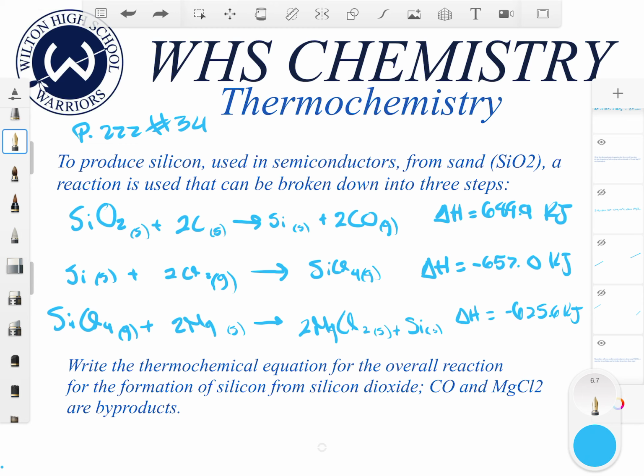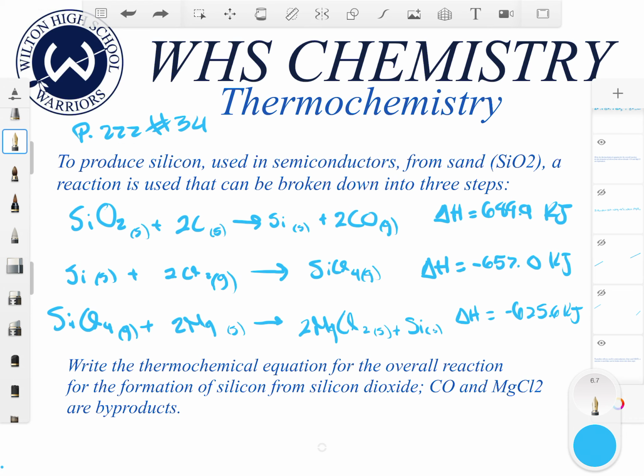we can see that there are two elements right off the bat that appear on opposite sides of the equation. That is silicon in the products of the first equation, and silicon again in the reactants of the second equation. Now you might be thinking that we shouldn't cancel these, as we need silicon in the final equation, right?